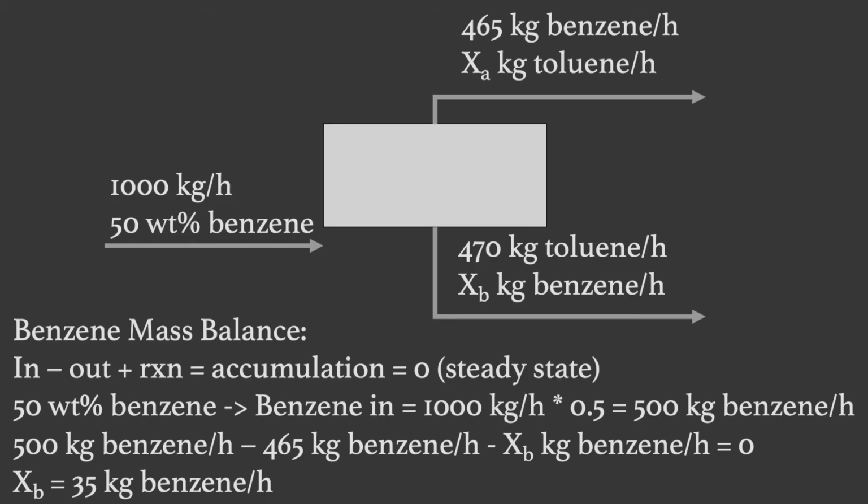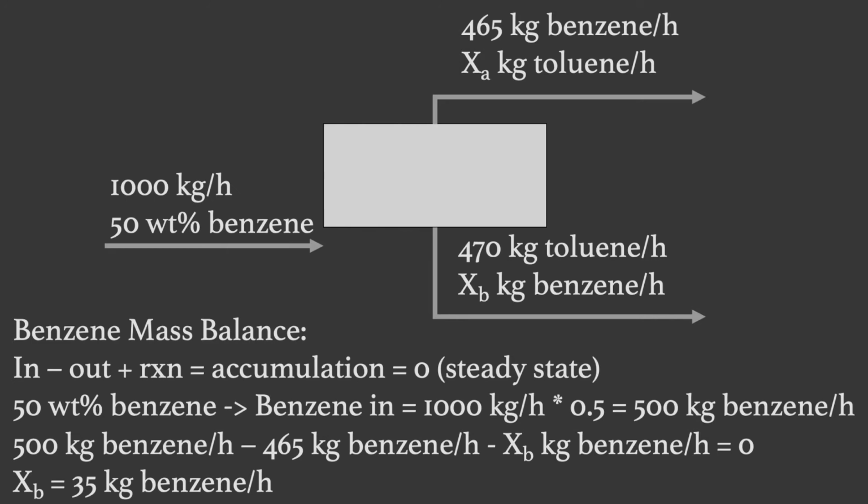So first we're going to do the benzene mass balance. We have in minus out plus reaction is equal to accumulation, which we already determined is equal to 0. We have 50 weight percent benzene. So the way we convert from our weight percent of benzene to the actual flow rate of benzene is by multiplying the overall flow rate, which is 1,000 kilograms per hour, by our weight or mass fraction, which is 0.5.